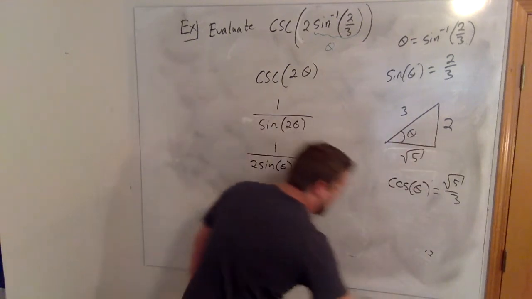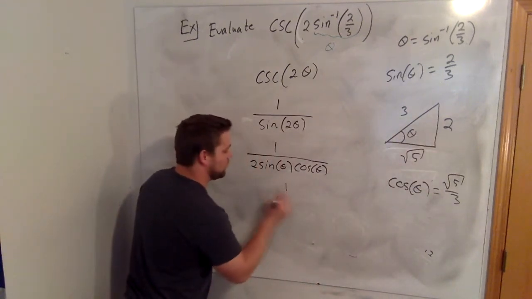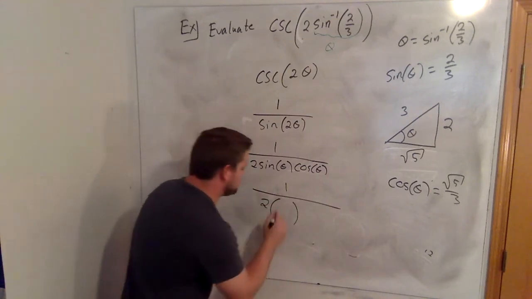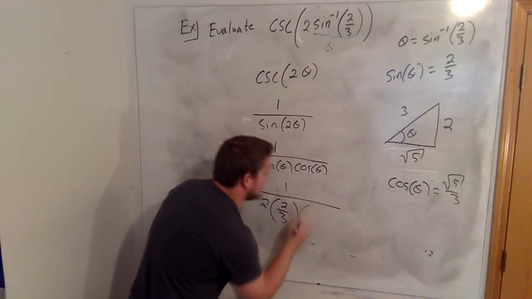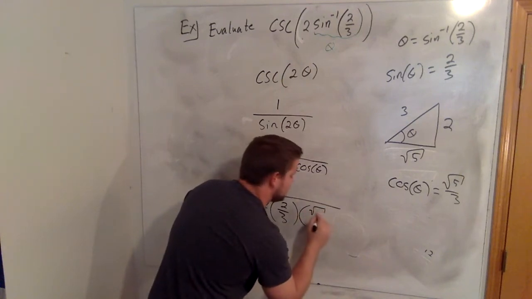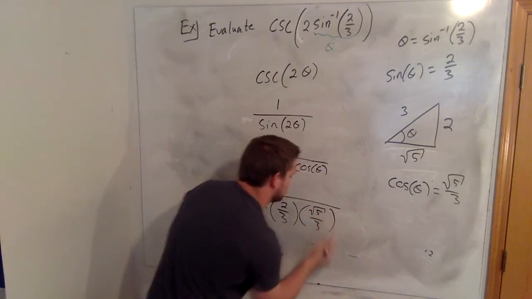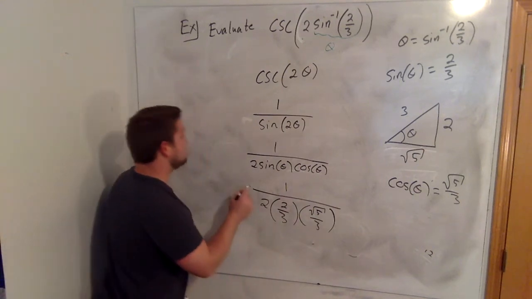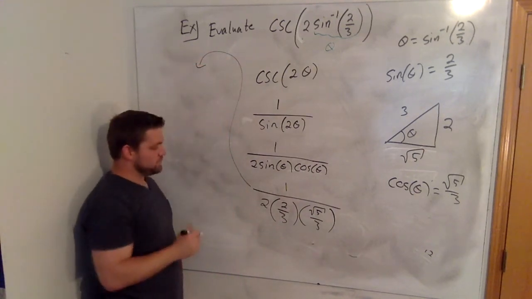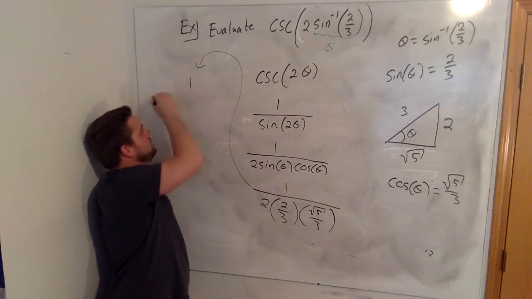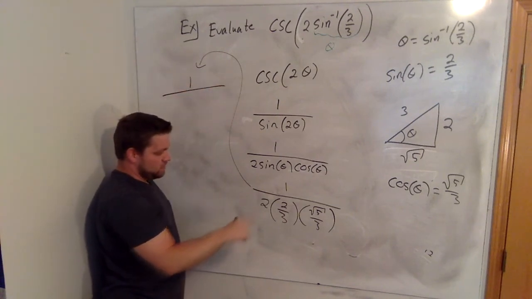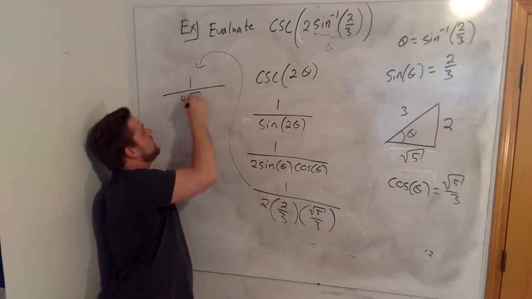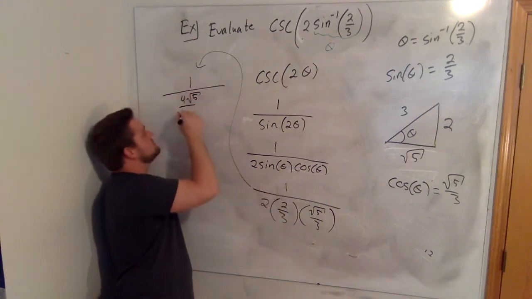And now it's all just about plugging and chugging. 1 all over 2, sine of theta is 2/3, and cosine of theta is the square root of 5 over 3. Okay, let's clean this up. So it looks like we have 1 all over 4 times root 5 all over 3 times 3, which is 9.